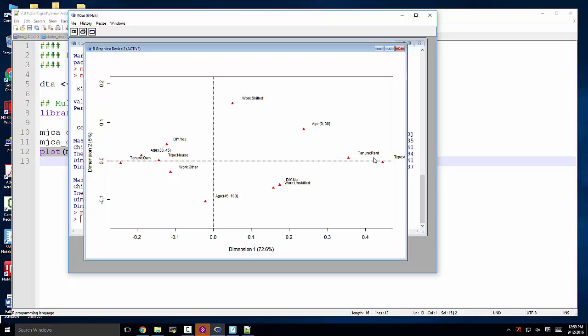Go tabulate how frequently people fall into these categories: DIY yes, age 30 to 45, tenure own, and so on. You would see in the frequencies that you computed those tending to go together. Frequently seeing those things together, not seeing these things together with those values as frequently.